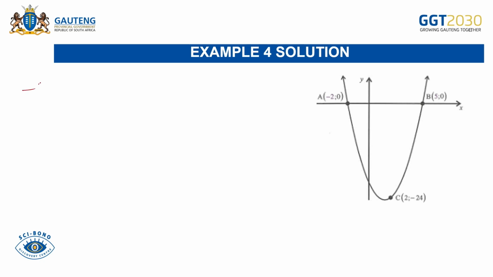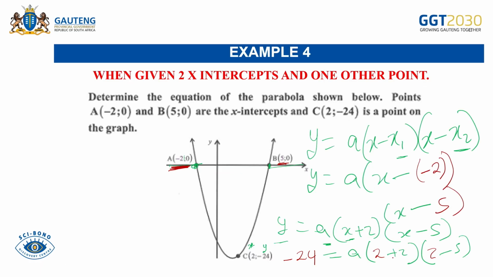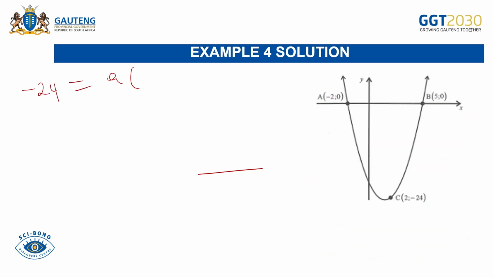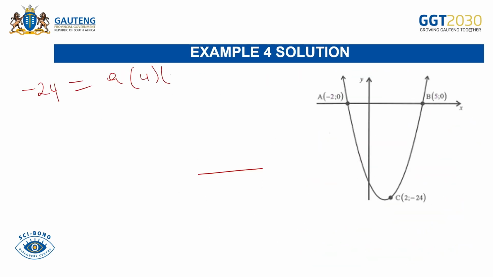So I have negative 24 is equal to, I still have the a times 2 plus 2, it's going to give you a 4. Then 2 minus 5 is going to give you negative 3. Then you close the bracket.